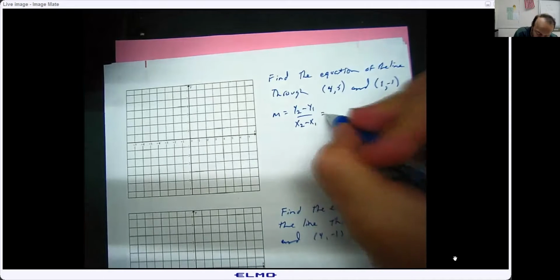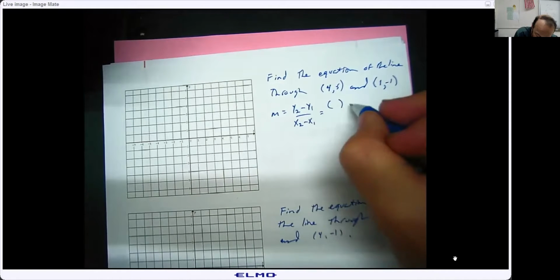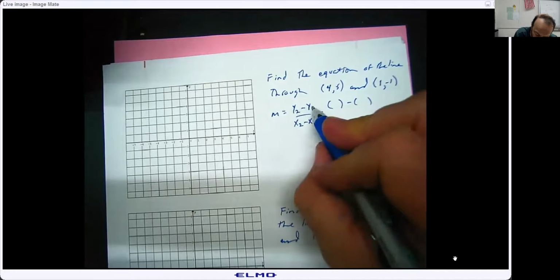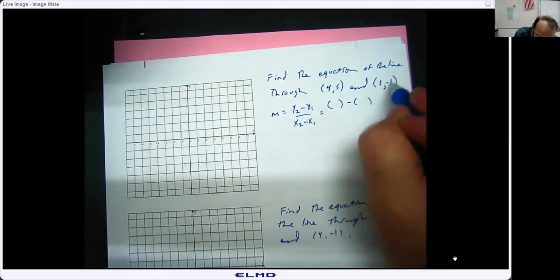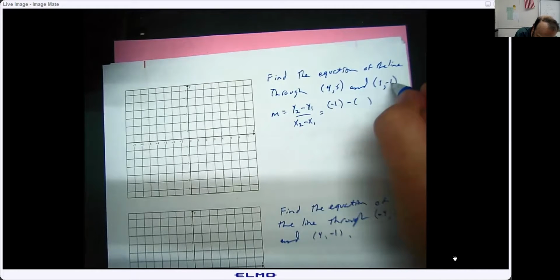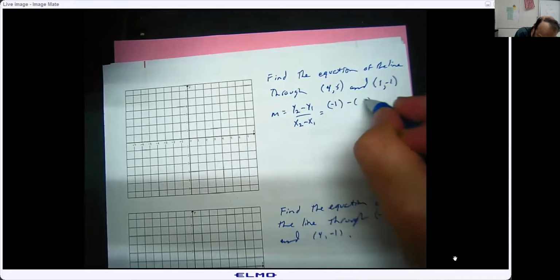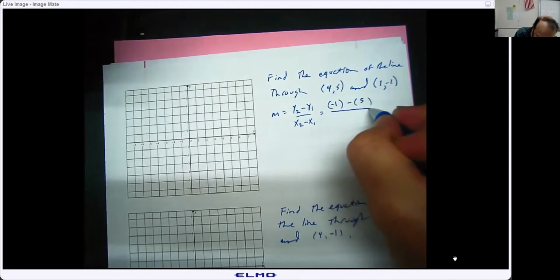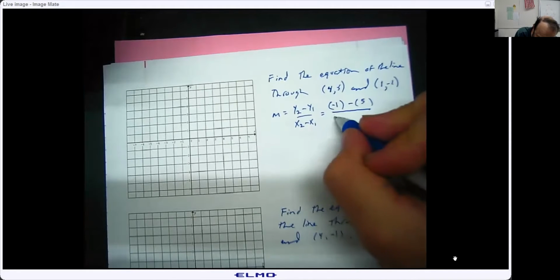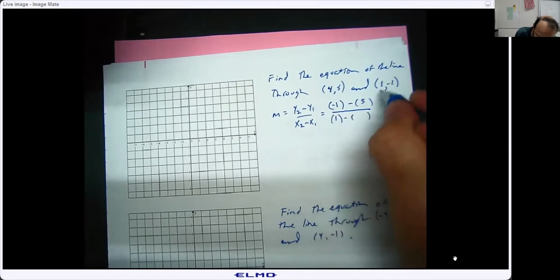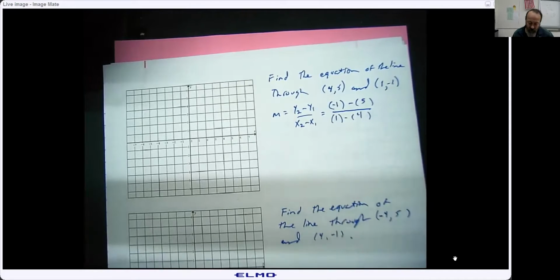So this says, let's take the second y value minus the first y value. So let's see the second y value right here minus the first y value, which is 5, over the second x value, which is 1, minus the first x value, which is 4.